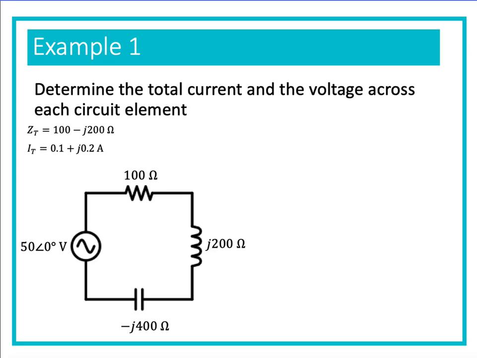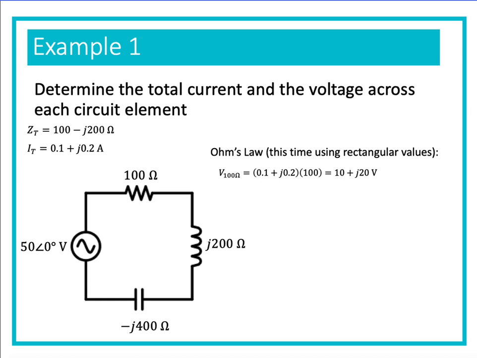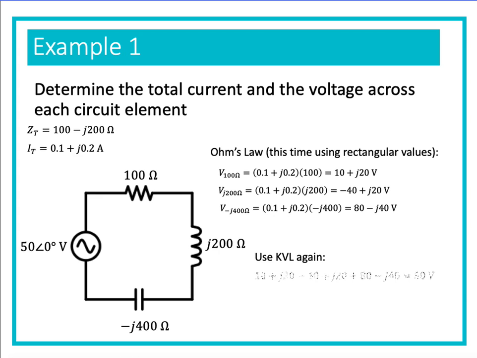If we use Ohm's law again, using rectangular values this time, we get 10 plus J20 volts for the 100 ohm resistor. We get minus 40 plus J20 volts for the inductor, and we get 80 minus J40 volts for the capacitor. And when we add those up using KVL, we get exactly 50 volts.